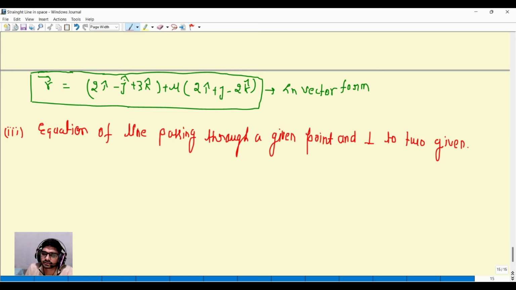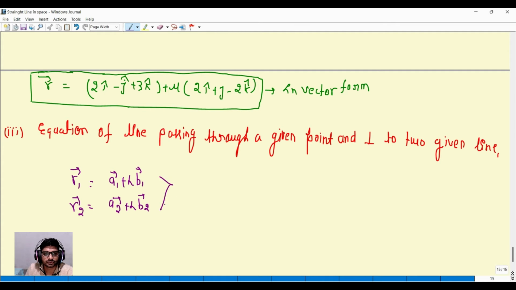So what are we going to do in this? Given two lines in vector form, r1 is given by a1 plus lambda b1, and r2 is given by a2 plus lambda b2.